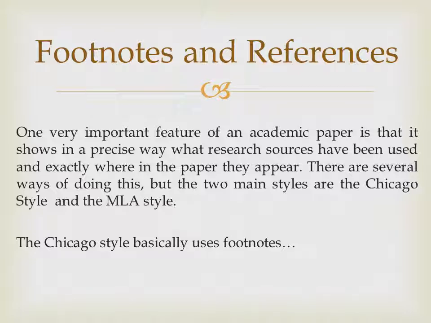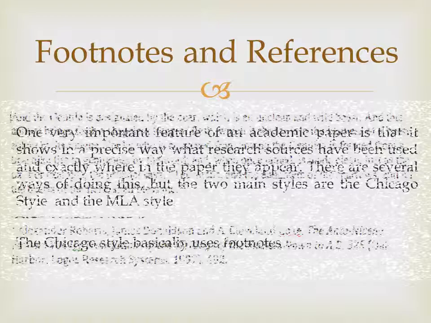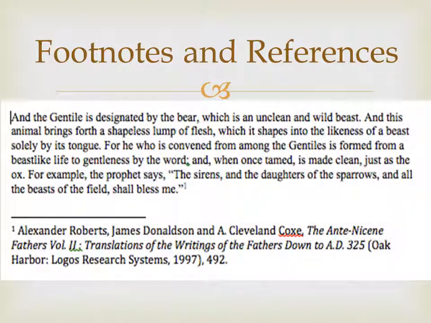Basically, the Chicago style uses footnotes. So you get something like that. All right? Here's the information. It's actually a quotation. The sirens and the daughters of the sparrows and all the beasts of the field shall bless me. There's a little number 1 here. And that is down here, giving an explanation. It comes from this book written by these 3 people called the Ante-Nicene Fathers, by Roberts, Donaldson, and Cleveland Cox, and it's on page 492.